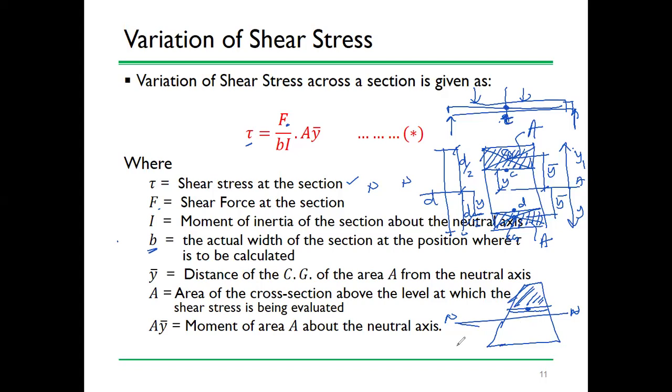Then you find the center of gravity of that area to the neutral axis, and that becomes your y bar. So the y bar is the moment of area about the neutral axis, of the area of the cross section above the level at which the shear stress is being evaluated.